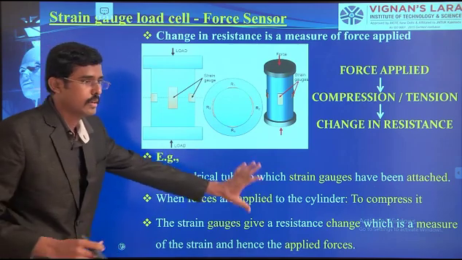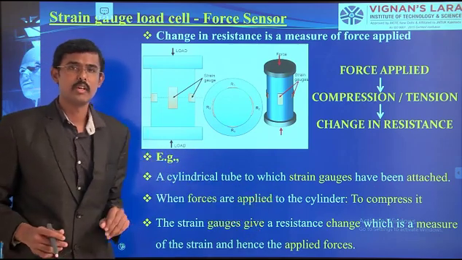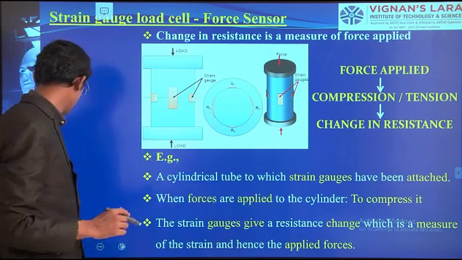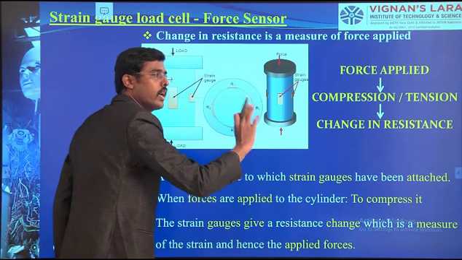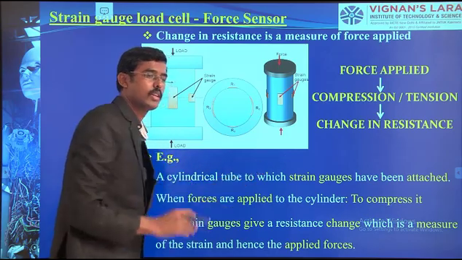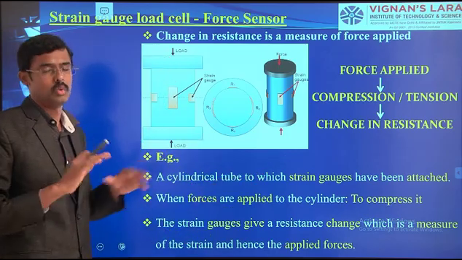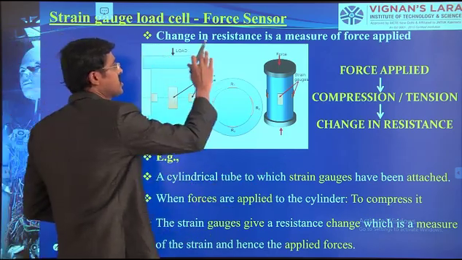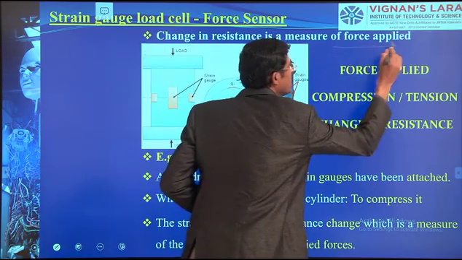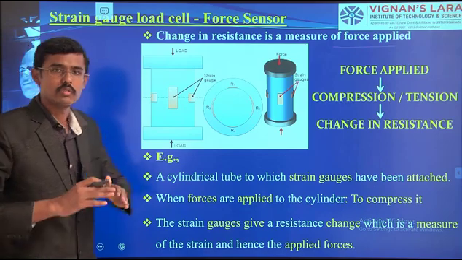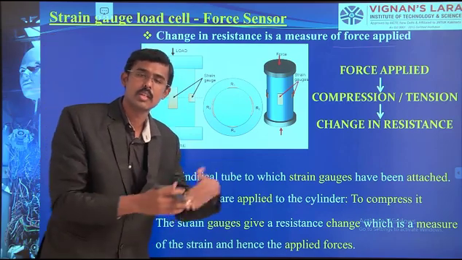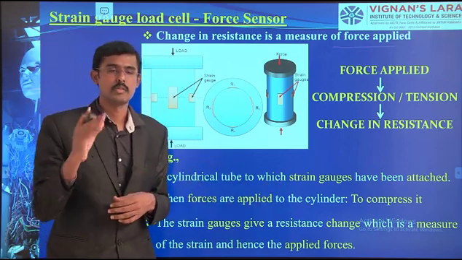See, this is the setup of a strain gauge measurement. We have taken an object whose compression or tensile loads we want to measure. The change in the resistance is a measure of force applied. We know the actual resistance of the strain gauge; you have also seen in the previous classes about strain gauge measurements.